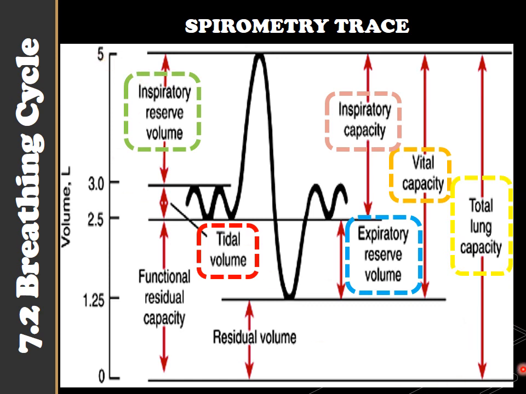So that means there is a balance of air that is in the lungs and not being exchanged with the atmosphere. So that is known as the residual volume, that is 1.25 liters. So this is how we will interpret the spirometry trace.